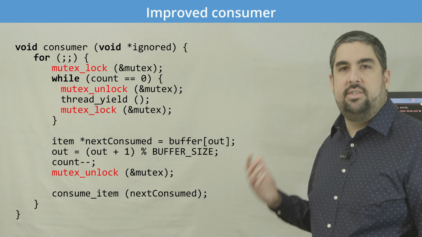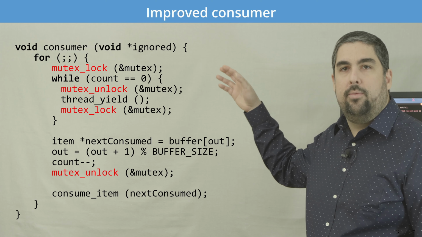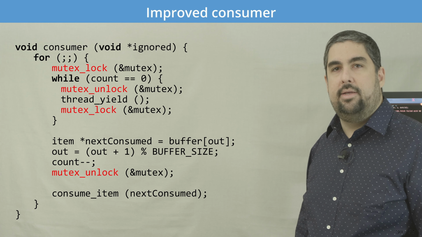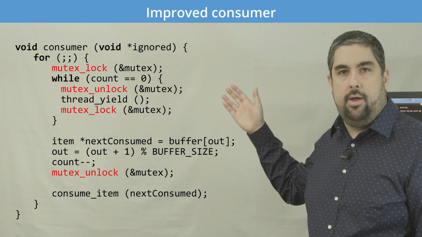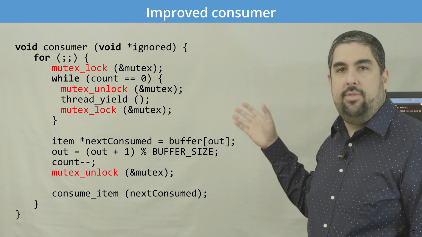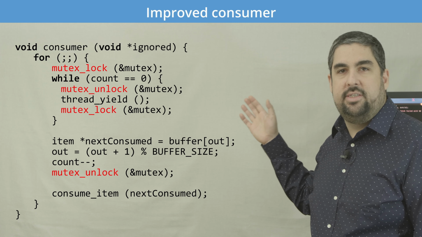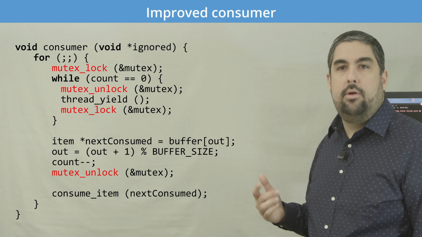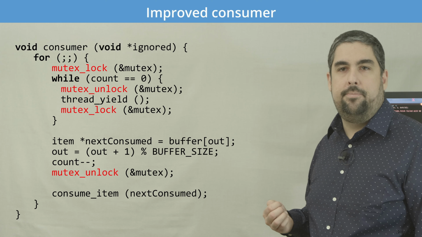The consumer is modified in a similar way, where we grab the lock, we check whether or not the buffer is empty, and if it is, we're going to unlock and yield, letting the producer run, and then reacquiring the lock. The important thing here is that all of the reads and writes, specifically to shared variables count, out, and the buffer itself, are done while holding the lock.